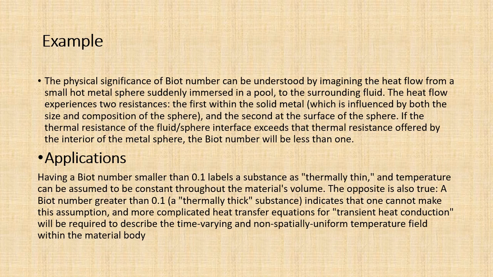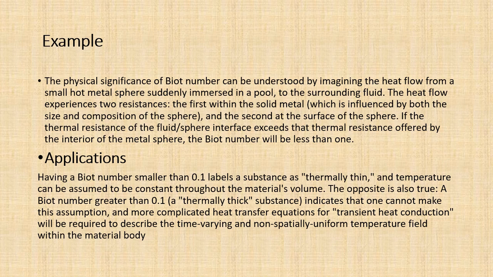The first within the solid metal, and the second at the surface of the sphere. Now if the thermal resistance of the fluid to the sphere interface is greater than the thermal resistance offered by the interior of the metal, the Biot number will be less than 1.